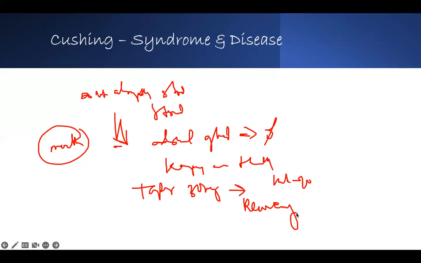There's a certain amount of steroid you need every day. So when the adrenal gland knows that you have too much, it will shut down. If you stop taking it abruptly, you need some time to recover. If it doesn't do that, then you go into adrenal crisis. We'll talk about that. So you have to taper it slowly.